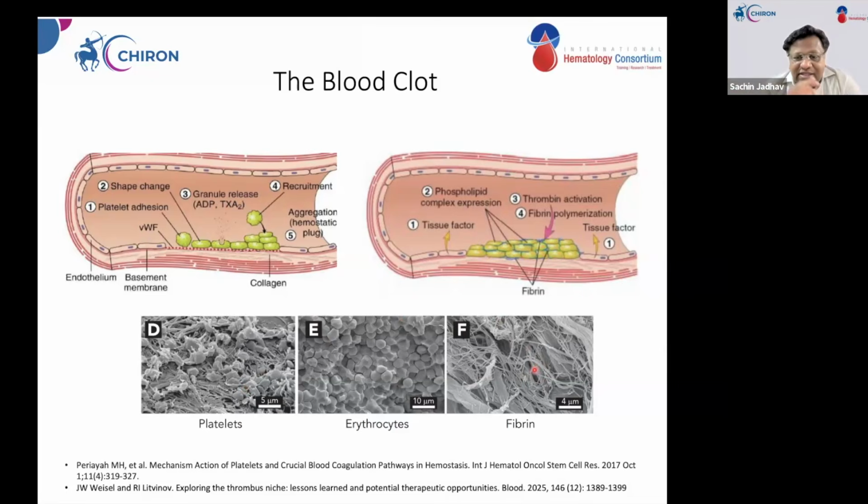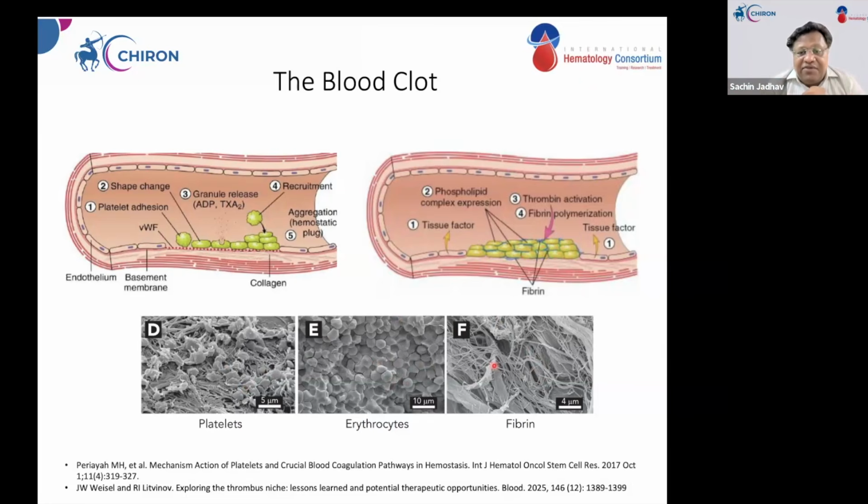The entire sequence. And we also need RBCs. What this means, practically speaking, is if a patient is bleeding and I want to stop the blood loss, if I want to promote coagulation, then I have to ensure that the patient has all the three things.